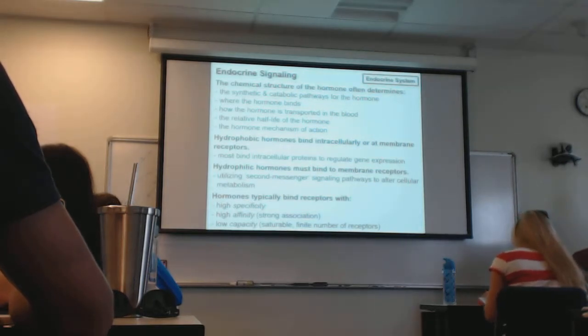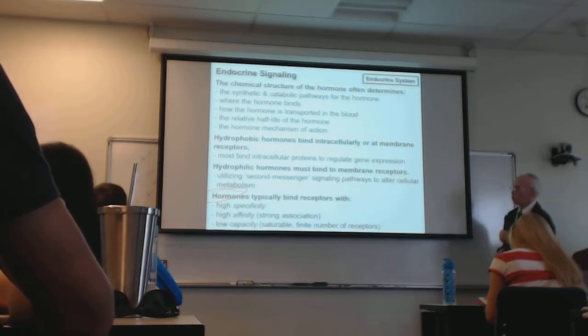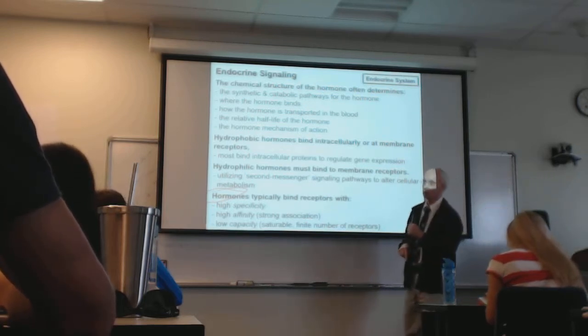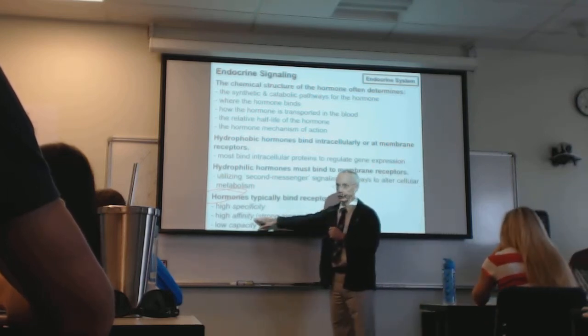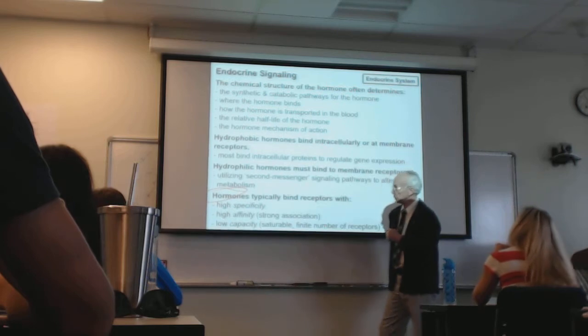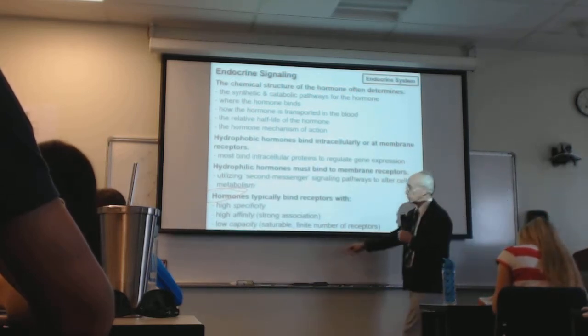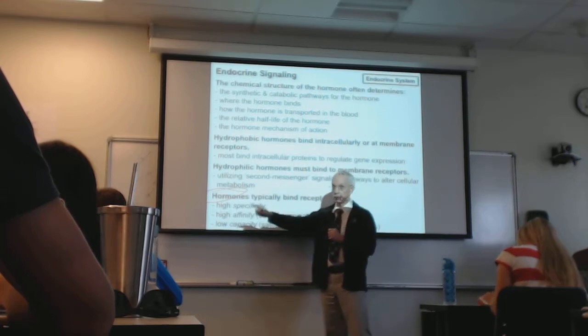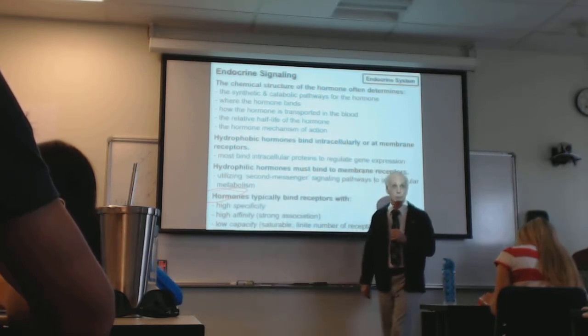We say that these hormones, and again I'm talking about the water-soluble hormones, bind receptors with high specificity. That's usually true. That's probably even more true than with neurotransmitters. High affinity means that there's a strong association between the receptor and the hormone. But relatively low capacity. All that means is that you can see in the room here, we only have 2 receptors, and that's going to be true for a lot of cells.